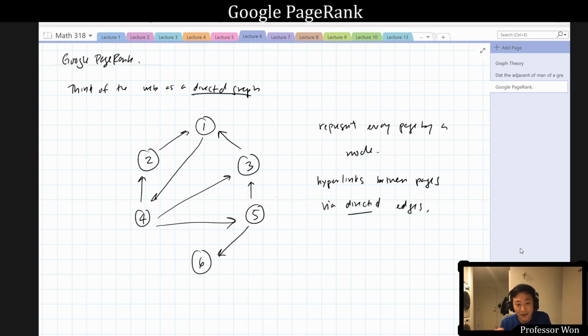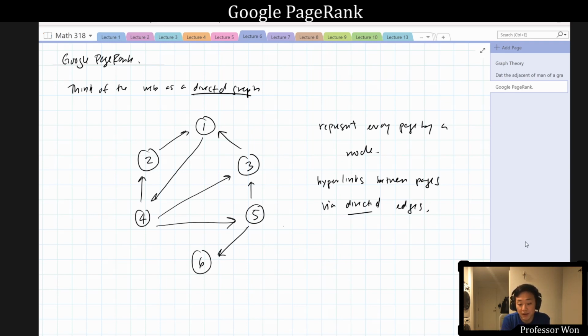Now the question is, how do you extract that information from this graph or from the matrix? Okay, and the really key insight of the Google PageRank algorithm is the following. Imagine that you have a bunch of random surfers, random people on the web, distributed somehow among the pages, right?